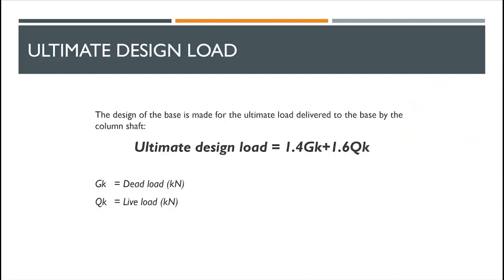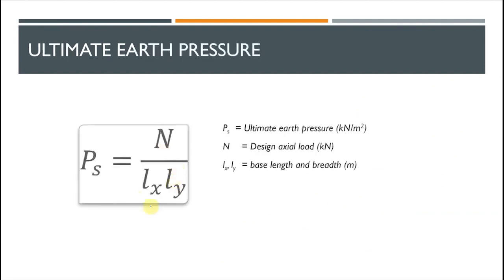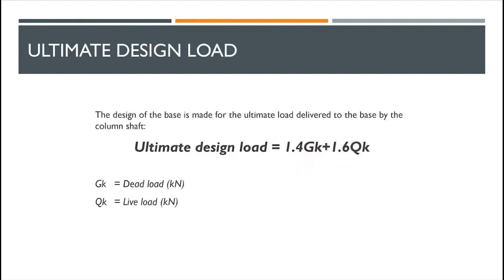We also need to calculate the ultimate design load as usual using the formula 1.4 GK plus 1.6 QK. And we have the ultimate earth pressure formula. Okay, we need this value because we already obtained the area. We already calculated the design load, meaning the loading being transferred to the pad footing.